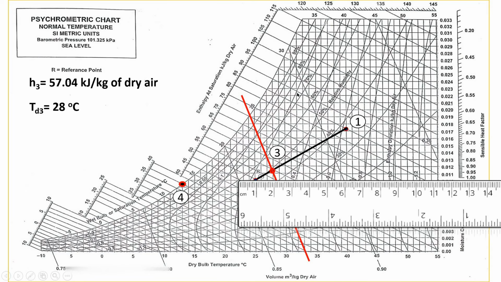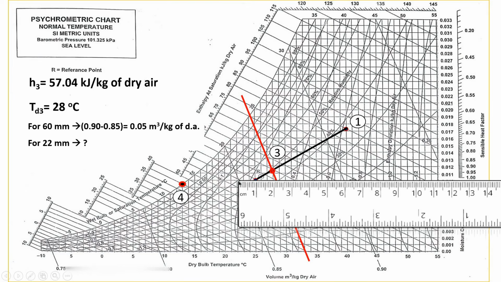Depending upon the scale of this graph, this value may be different. Here it is 60 mm. So for 60 mm distance, the change in specific volume is 0.90 minus 0.85, which is 0.05 meter cube per kg of dry air.